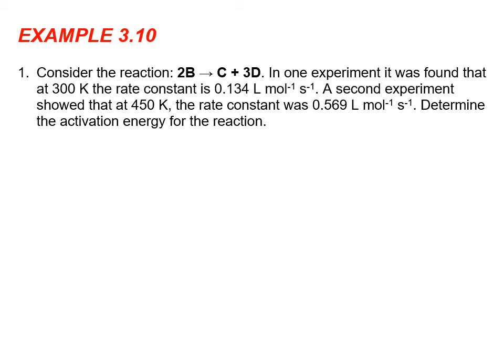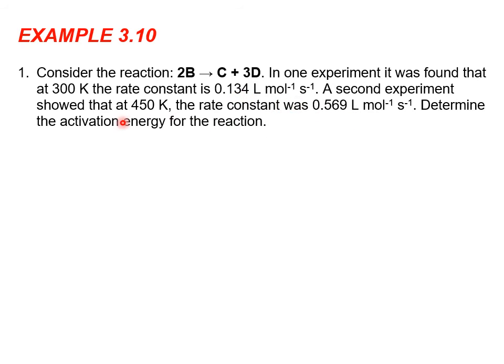But for now, we're going to do example 3.10 in your textbook. Consider the reaction 2B becomes C plus 3D. In an experiment, it was found that at 300 K, the rate constant is 0.134 liter per mole per second.